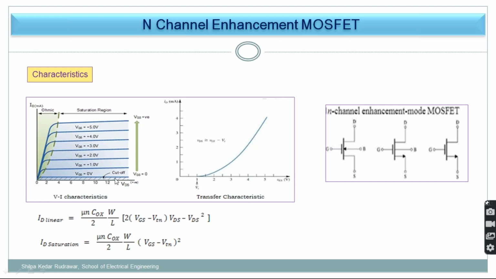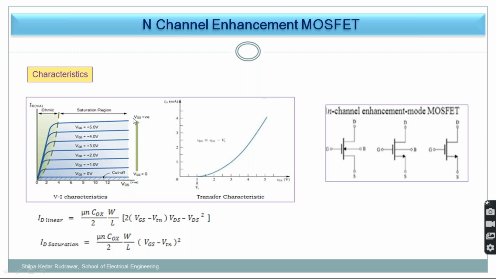After that, I have given VGS greater than VT, and because of that, there is a formation of an inversion layer. And a small amount of VDS is applied, so current will start flowing. So current increases with increasing voltage, that is VDS. So this graph is between ID versus VDS at constant VGS.